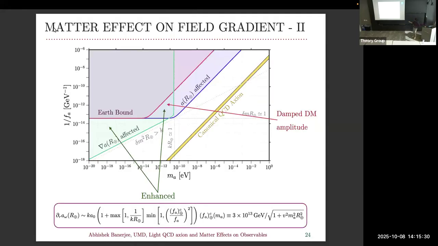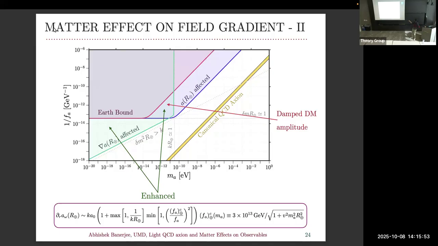And this is what happens. We are saying that all the grad A effects are enhanced in all the regions enclosed by the green lines. Now you see an interesting part where my gradient is enhanced, in this triangle bounded by the blue, red, and green lines.